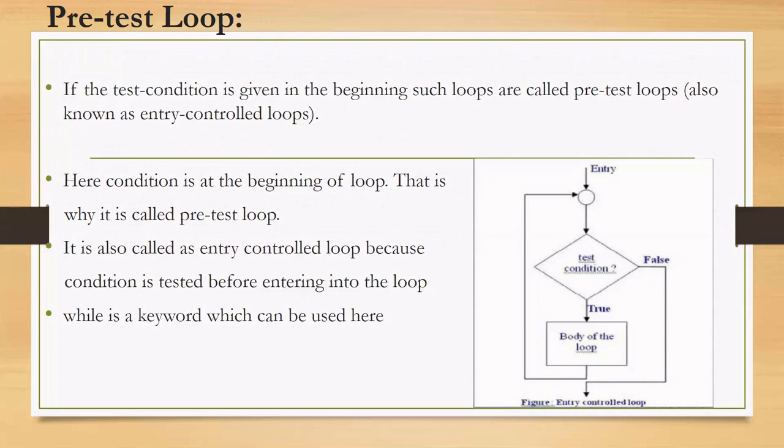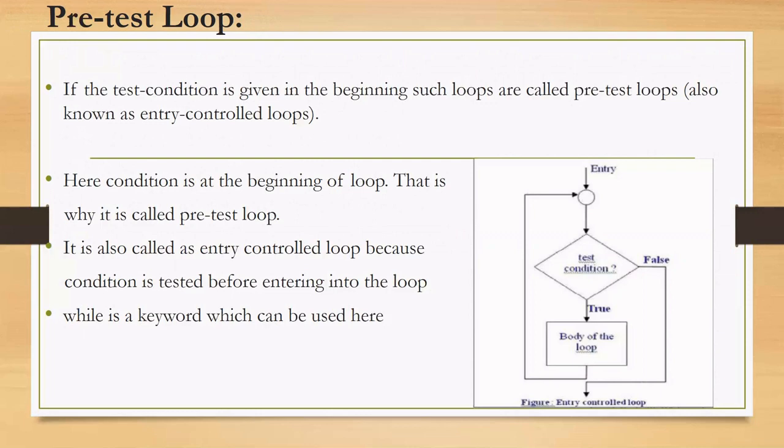Entry controlled loop. You can see the diagram or flow chart with respect to my pre-test loop, where entry is the starting point of your program. As soon as it comes to entry, first it will go with a test condition. One more example I can take is your engineering degree, where if you want to start your engineering degree, first you have to take up the test, either PGCET or whatever entrance exam there is for your engineering category.